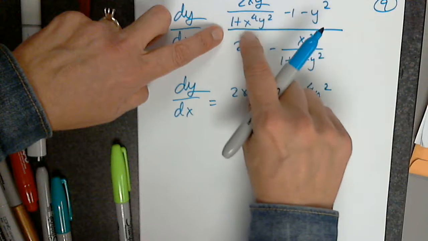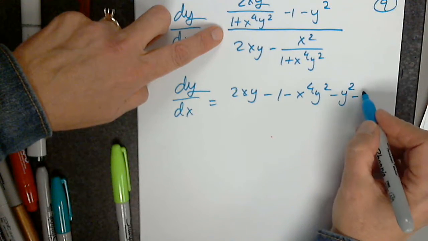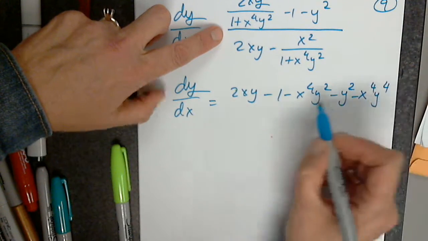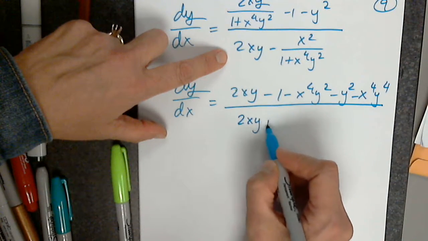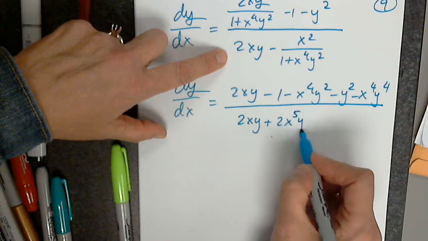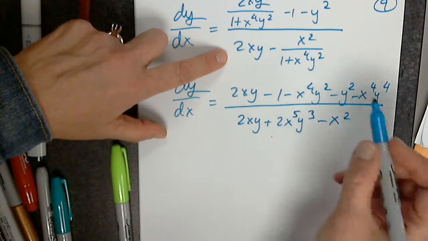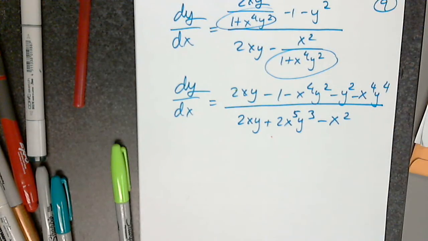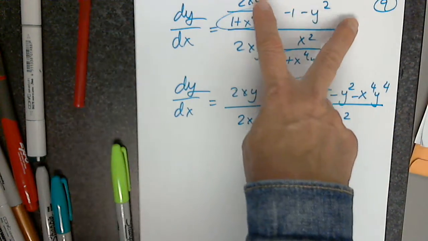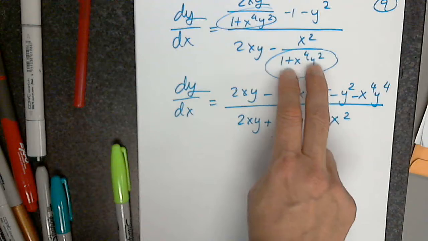And when I multiply by y squared, I get minus y squared minus x to the fourth y to the fourth. Same thing here. 2xy plus 2x to the fifth y to the third minus x squared. Just because I wanted to eliminate the denominator. But I had to multiply both the numerator and the denominator by this quantity.